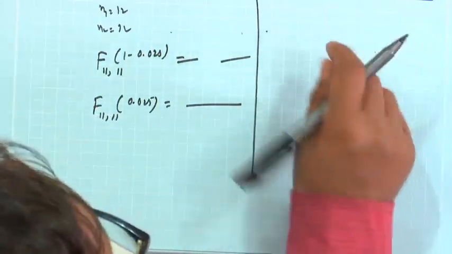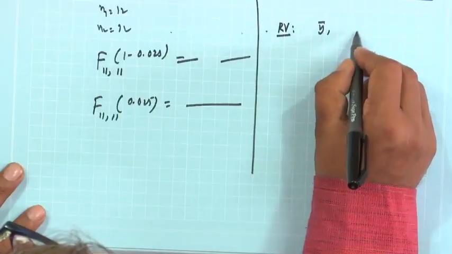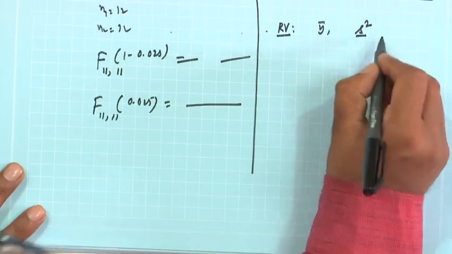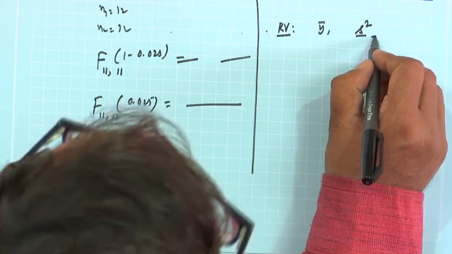Just to conclude, please remember that in the confidence interval you first need to know the random variable of interest. When it is a single population, either the mean or the variance will be the variable of interest.